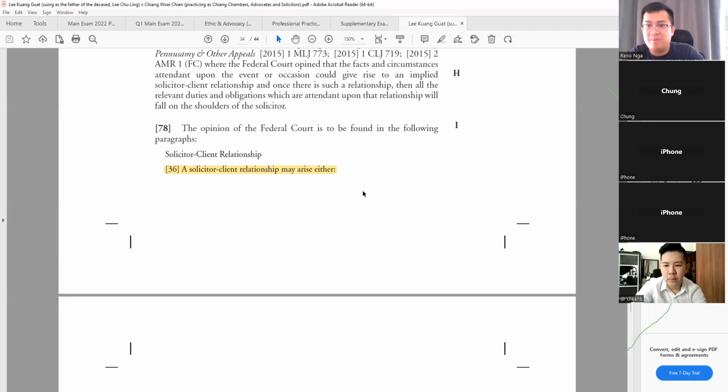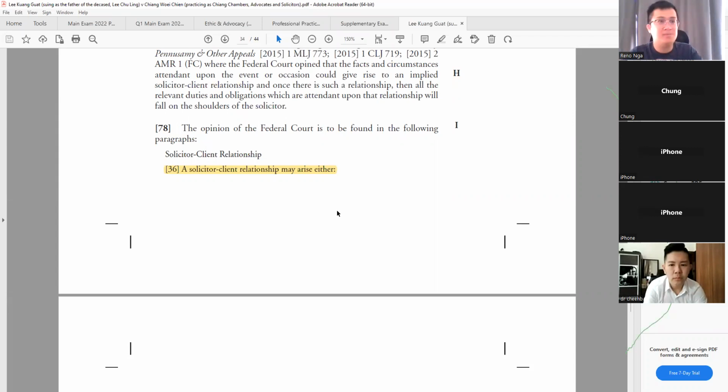Then implied means we don't expressly say so, but by conduct it seems like you are my lawyer already. Like I go to your office, I pay you money. So let's say my client pays me money, I start to do the work, but we never sign an express retainer, or what we call a letter of appointment. Cannot be that one day suddenly I say, actually, I don't know you, you paid me money, it just so happens I did your work. Cannot, right? So this is an implied retainer.